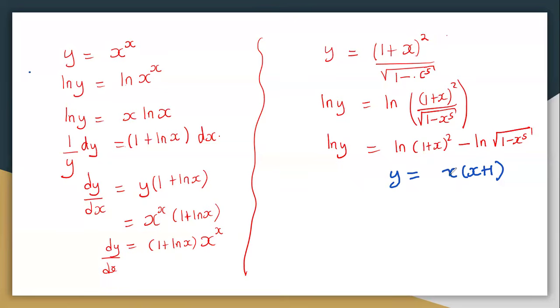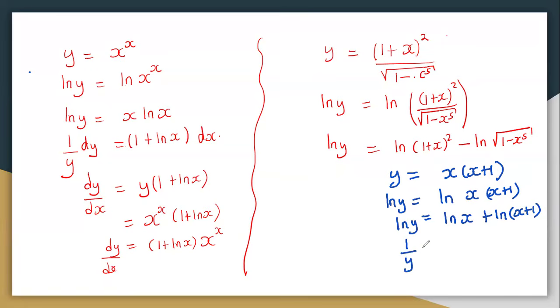Let's just do this. Now you know that if you are to do this, you could either multiply through or you could just, so someone can just say that ln of y is equal to ln of x into x plus 1. Then someone can say, for me, I want to simplify. I say ln of x plus ln of x plus 1 is equal to natural log of y. Then you differentiate.